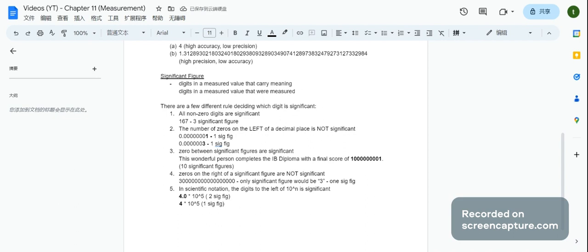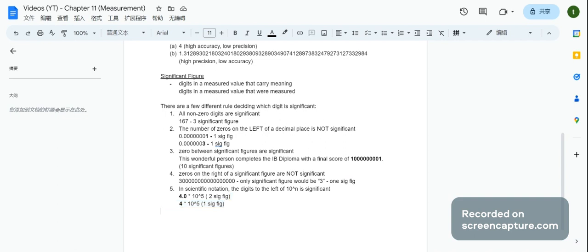Okay, so after knowing about those rules, just give me a second. I'm just checking whether I have talked about all the rules here. I think I have. So after talking about all those rules, we can now try doing some problems here.